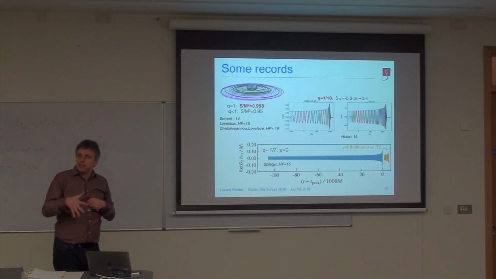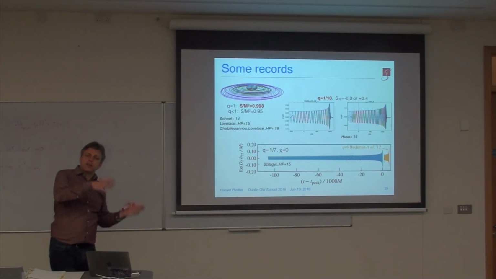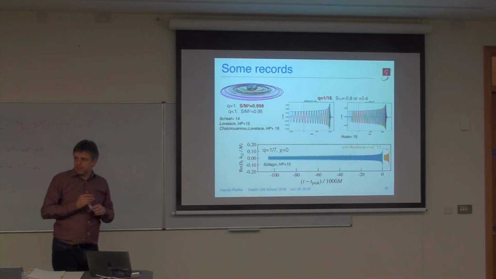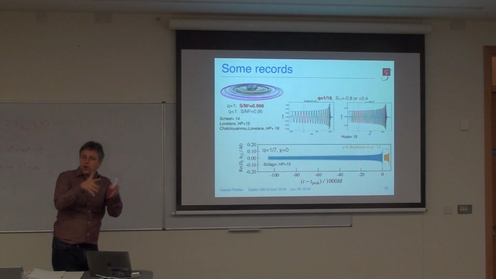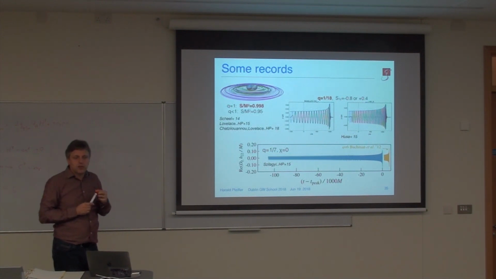Because inside R minus, inside the inner horizon, the light cones tip over again. However, as the spin goes up, the distance between R plus and R minus becomes increasingly small. And so all the horizon control has to be ever more explicit.